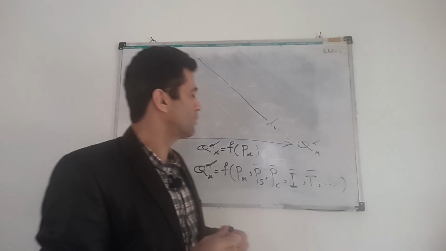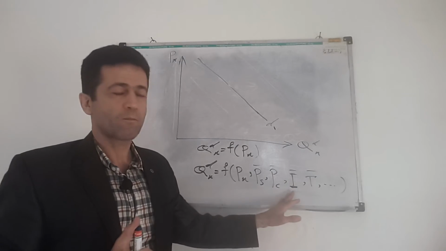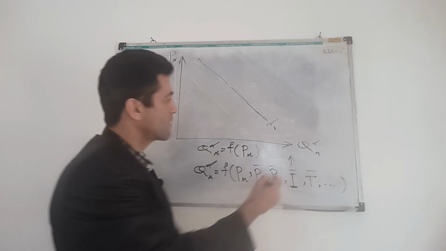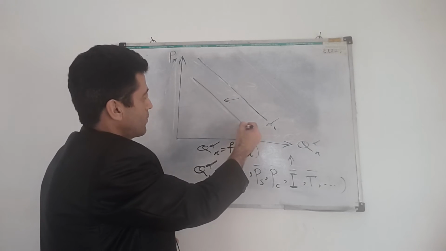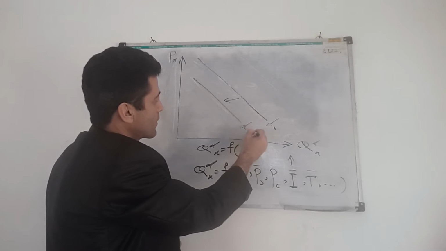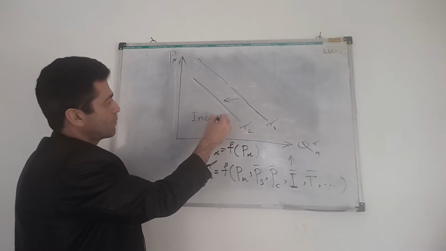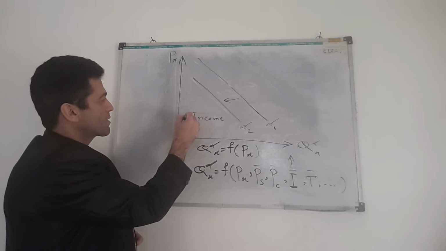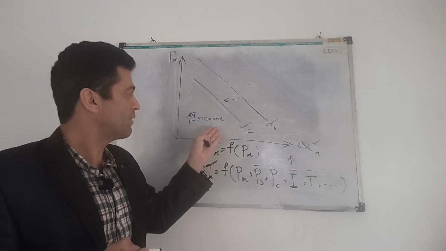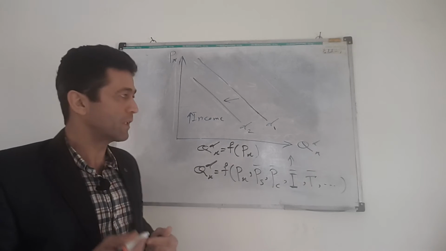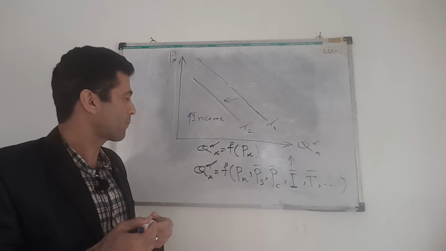If the good is an inferior good, when the personal income increases, we will buy less of that good. Demand curve will shift to the left side because of the increase of personal income for inferior good. Why? Because when we consider a good as inferior, it means we don't like it and we had to buy it.